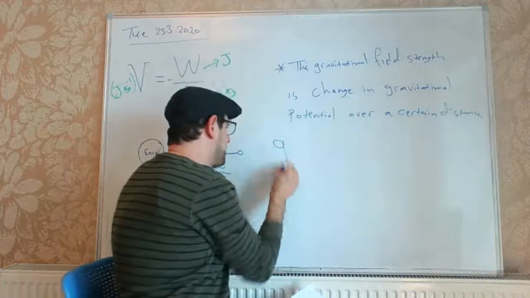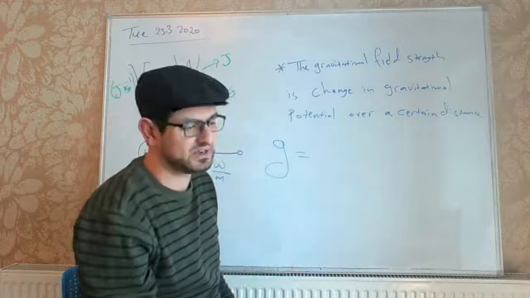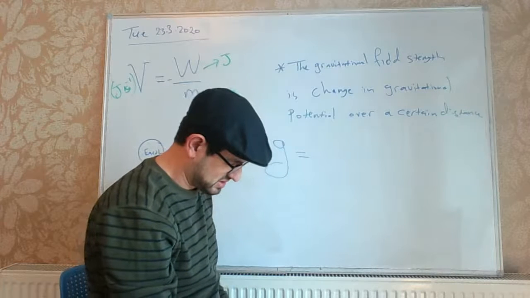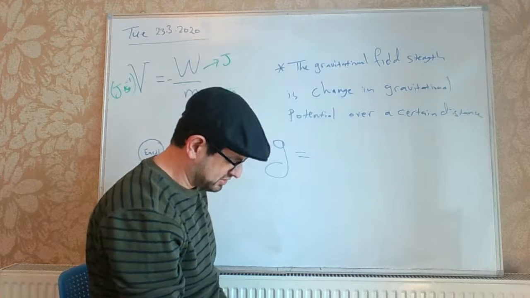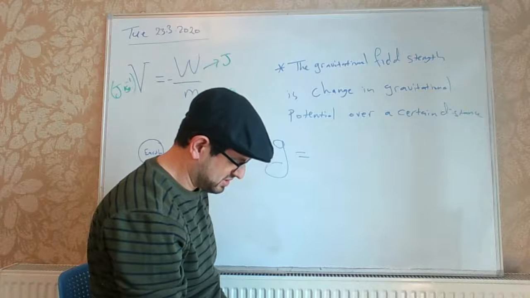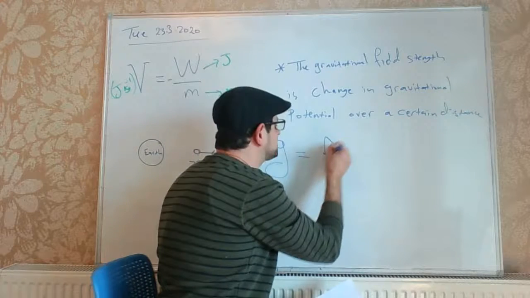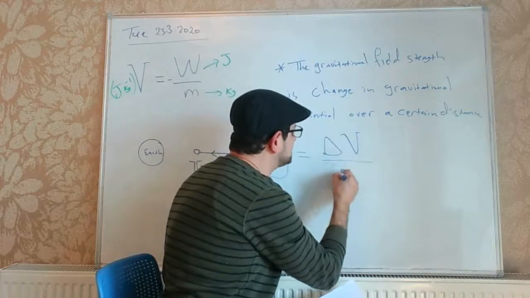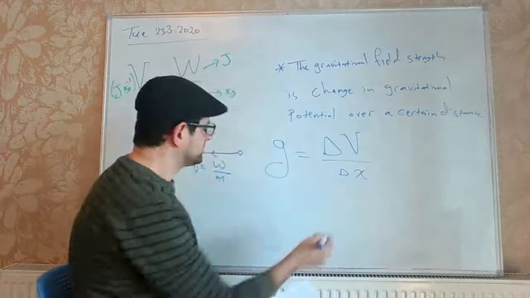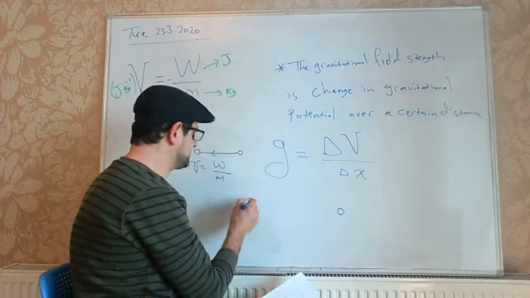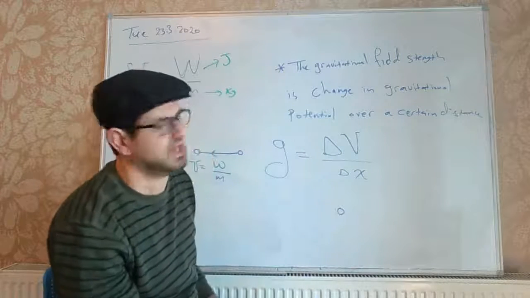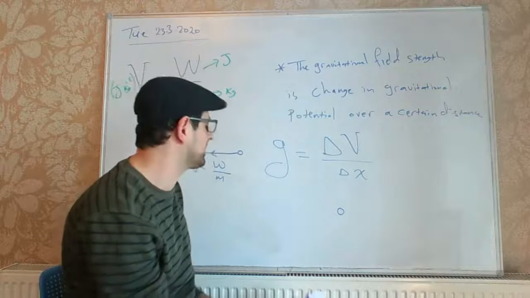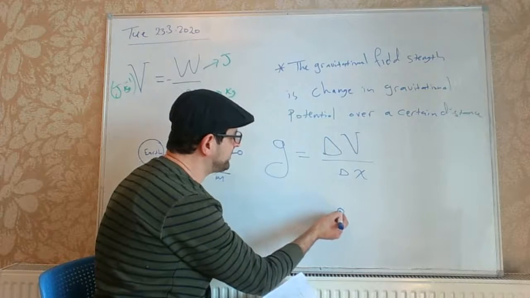So g is how much the voltage is changing, sorry, which voltage, the gravitational potential, in how much distance. So if you have an object, let's say it's a satellite, a moon, a planet, anything, changing position from here to here.